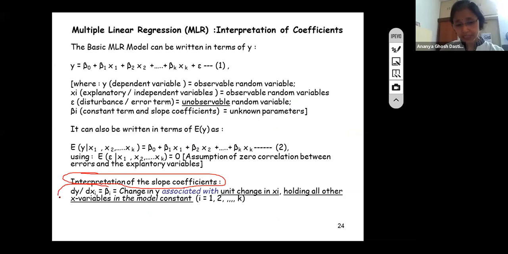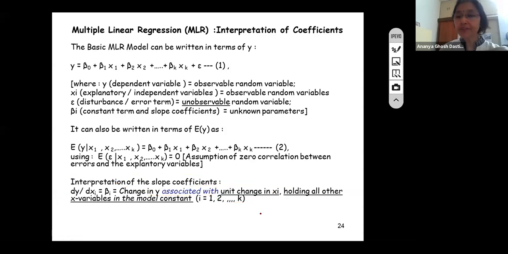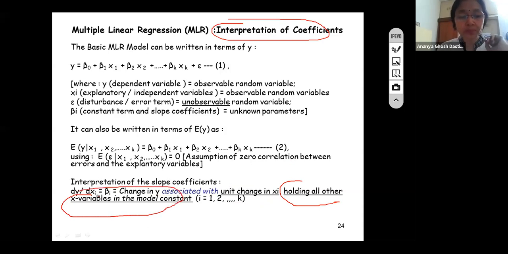Each of these slope coefficients in your multiple regression model is measuring the change in y associated with a change in x holding all other x variables constant, which we just discussed. So of paramount importance regarding the interpretation of coefficients in your multiple regression model is that you are holding all other x variables in the model constant.